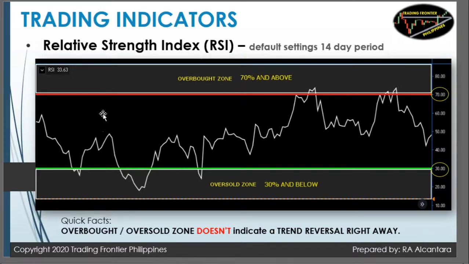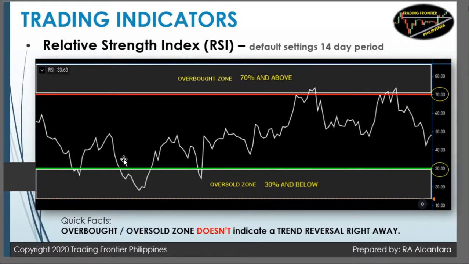So whenever the price reaches this 30% and below, we can call this as an oversold market. All right. On the other hand, when the price reaches the 70% and above zone, we know that the market is already at the overbought zone.